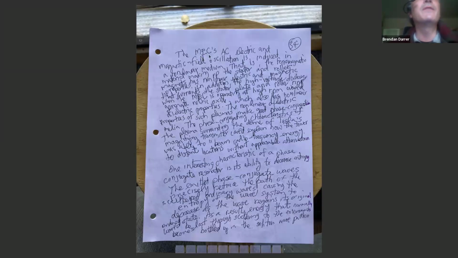In the magnetic effect generator, the MEG, an AC electric and magnetic field oscillation is induced in a nonlinear medium, that is the ferromagnetic material making up the stator and roller magnets, which has nonlinear electric and magnetic properties.